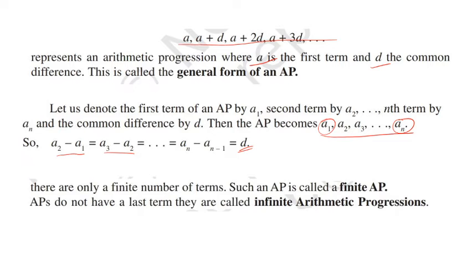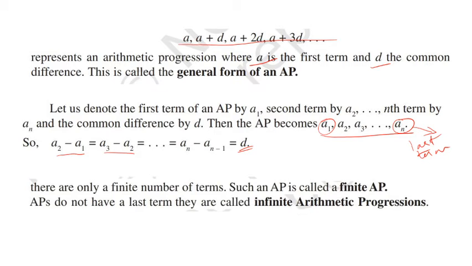Now one more small thing we have to remember about arithmetic progressions is, in this example you have a last term, right? For certain arithmetic progressions there will be no last term, it will keep on progressing continuously.